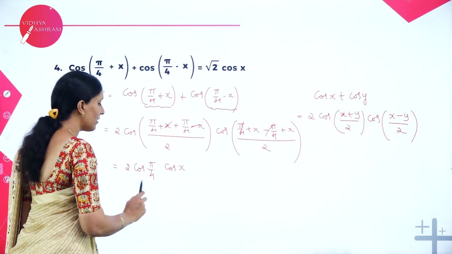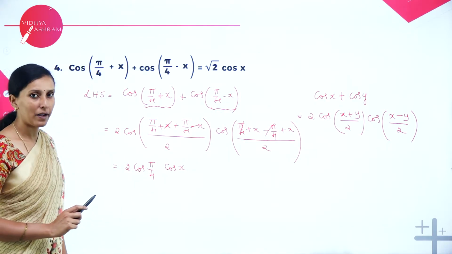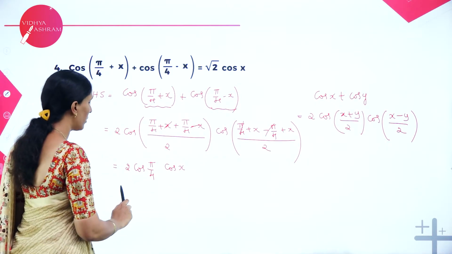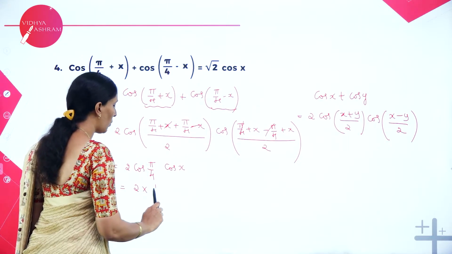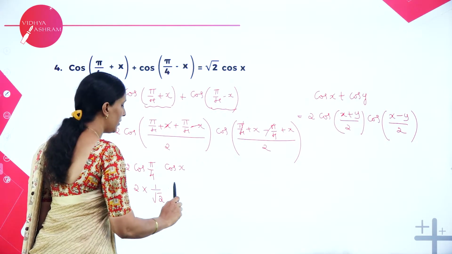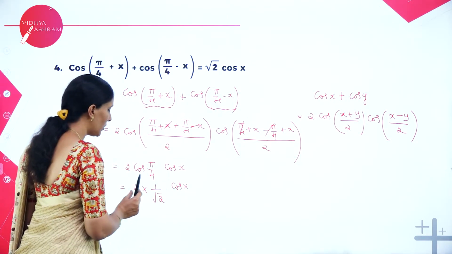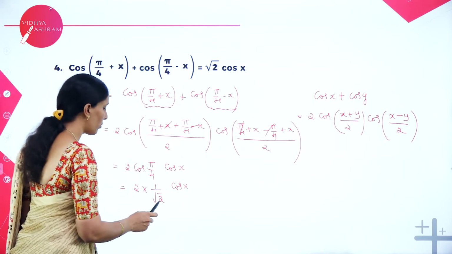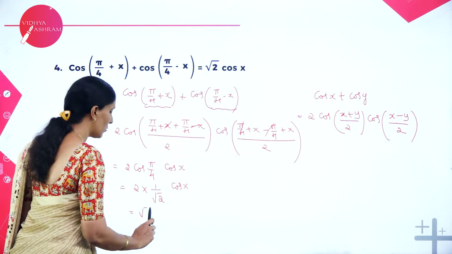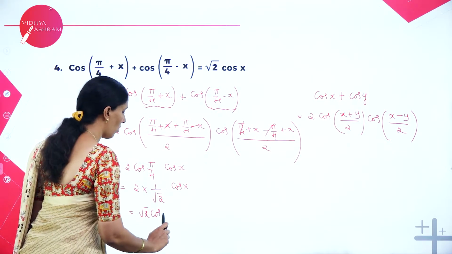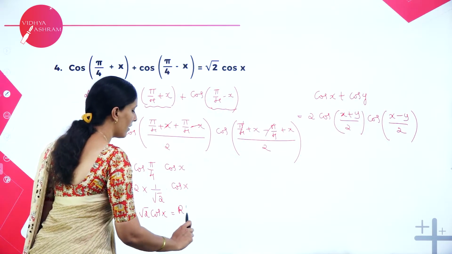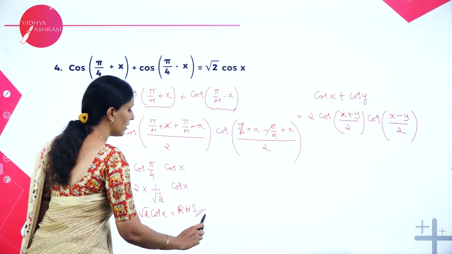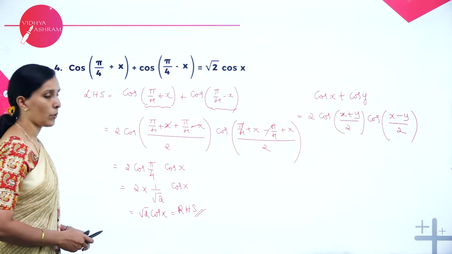Now what is the value of cos pi by 4? Cos pi by 4 is 1 by root 2, into cos x. We know that 2 can be written as root 2 into root 2. So one root 2 cancels with the denominator. So we'll get root 2 cos x. So that is the right hand side value of the given trigonometric equation.